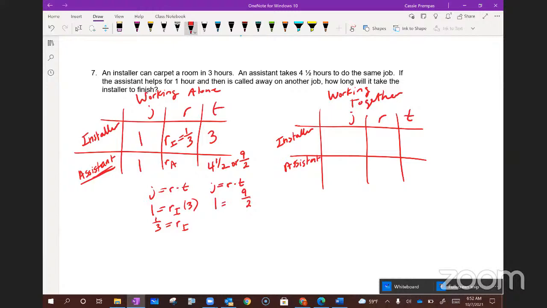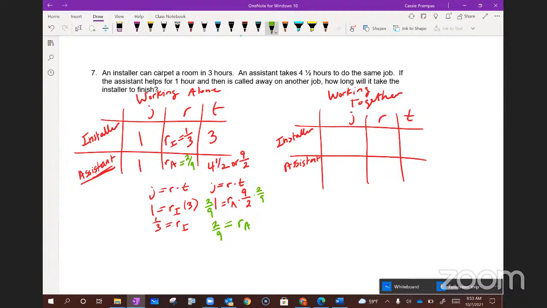So his 1 job is going to equal his rate times 9/2 because he can do the whole job in 9/2 hours. So how do we solve for that rate? We've done this before. Multiply by 2/9. So the rate of the assistant is 2/9 of the job per hour. He's not that much slower than the installer.